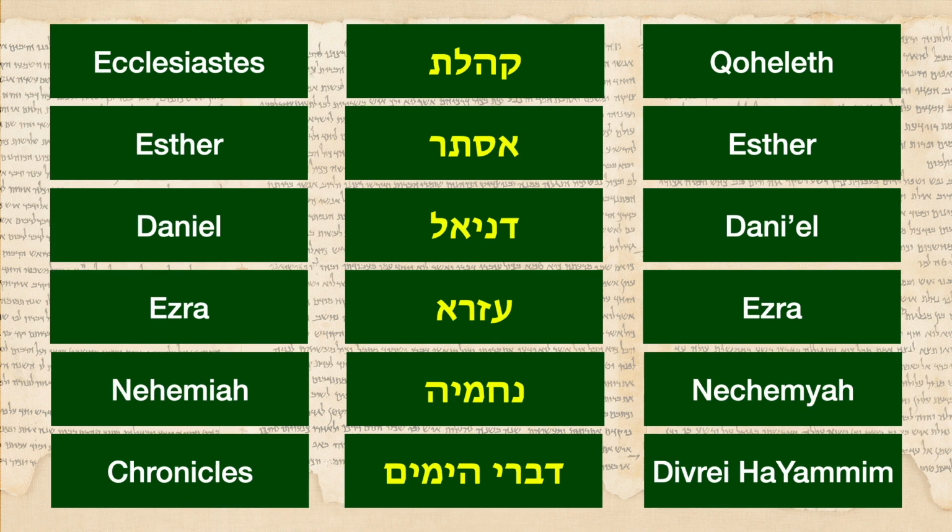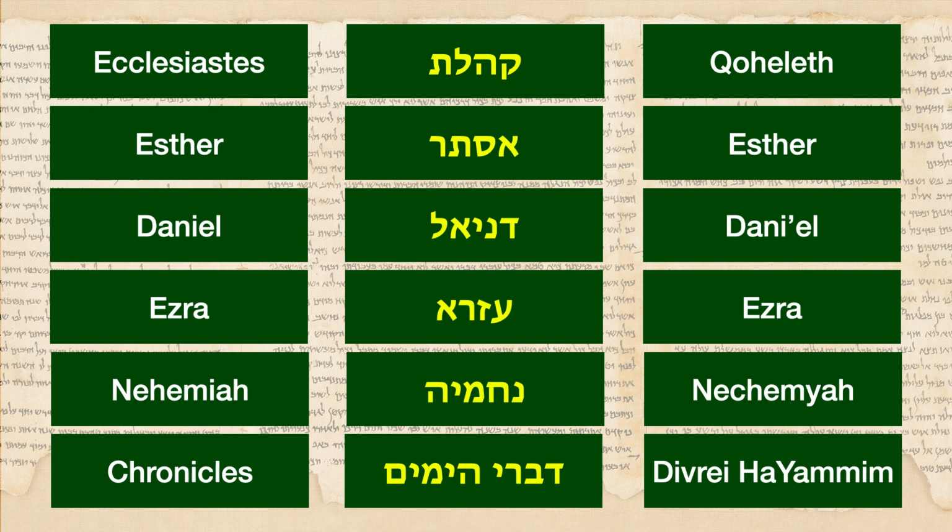Right, Ecclesiastes. Ecclesiastes is Kohelet. The word for congregation or the assembly is Kahal in Hebrew. So Kohelet is Ecclesiastes. So the word Ecclesiastes obviously comes from ecclesia.